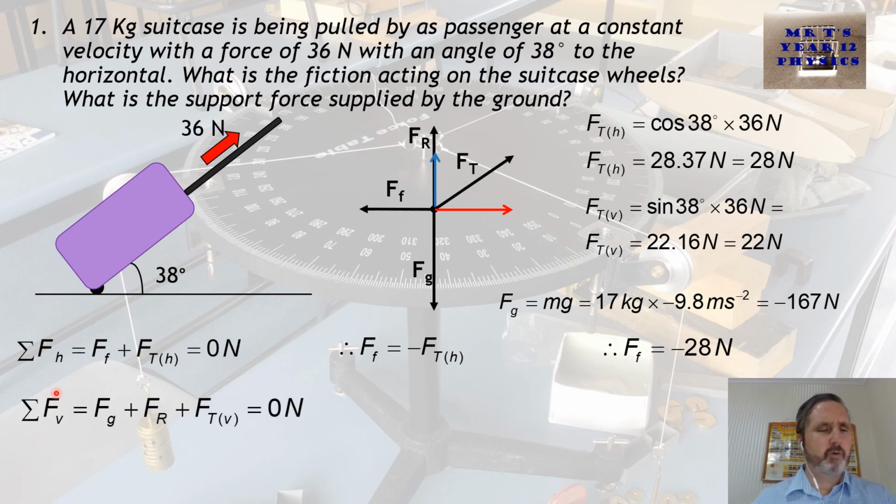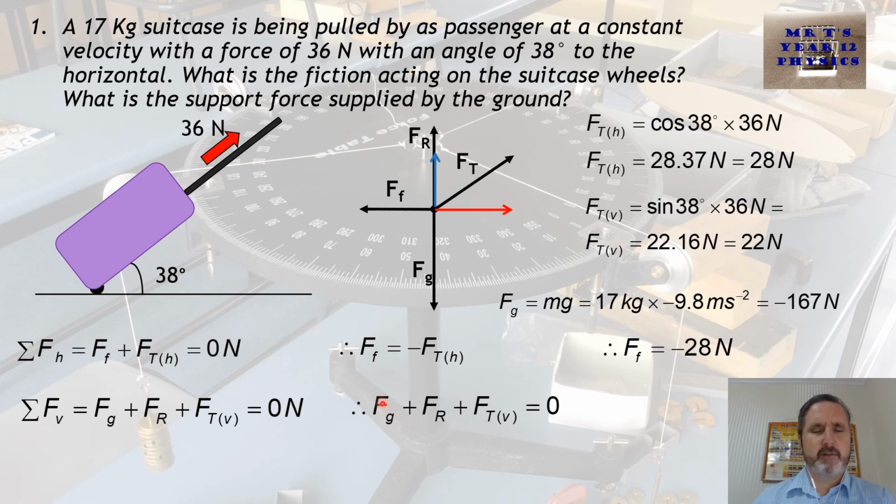For our vertical situation here, we have three vectors or forces acting in the vertical. We have gravity, we have the vertical component of tension, and we have the reaction force. All three of these add up to equal 0. Notice that the blue one at the top here, the vertical component of tension, and the support or reaction force are positive and the gravity is negative.